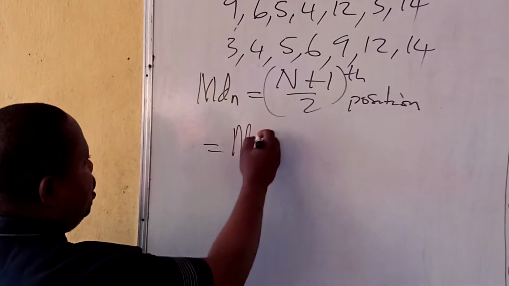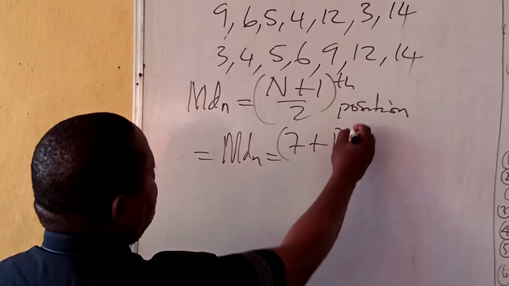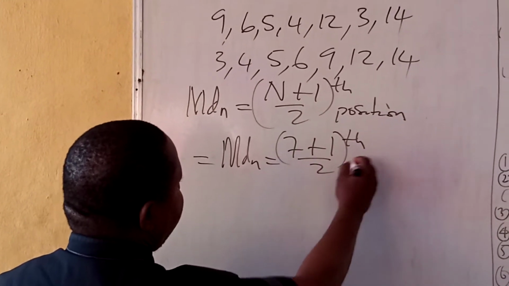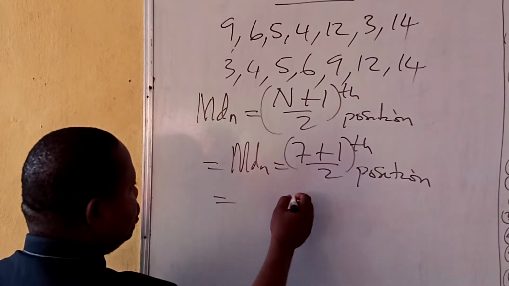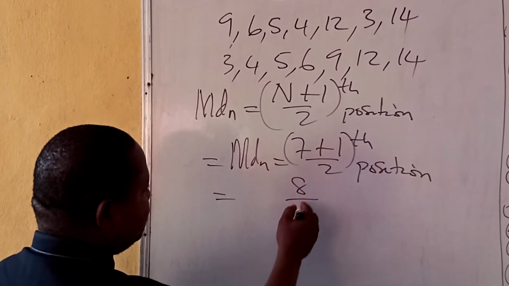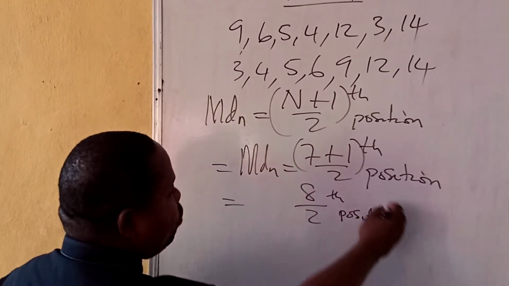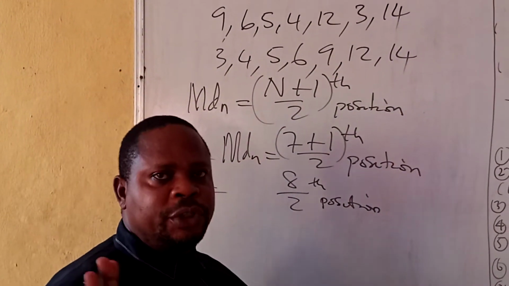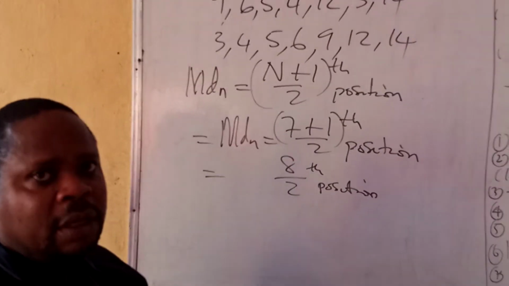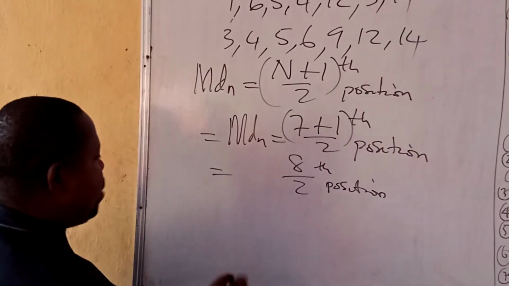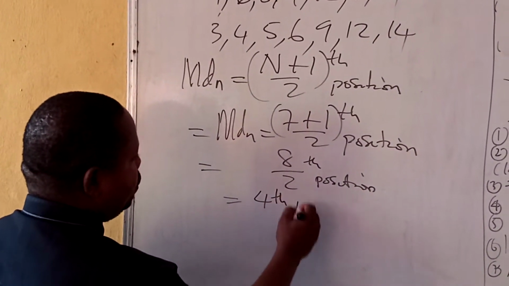So median is equal to 7 plus 1 over 2 position. 7 plus 1 is 8, over 2. Still talking about position. Remember, when you are calculating median, always talk about position.